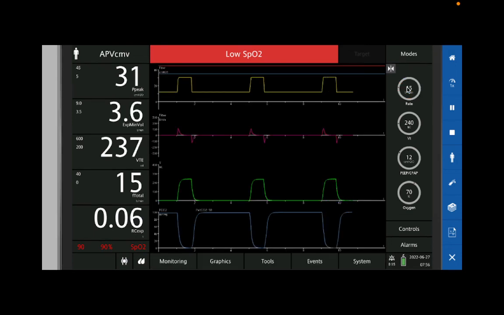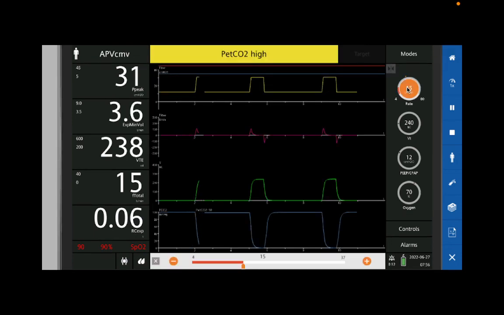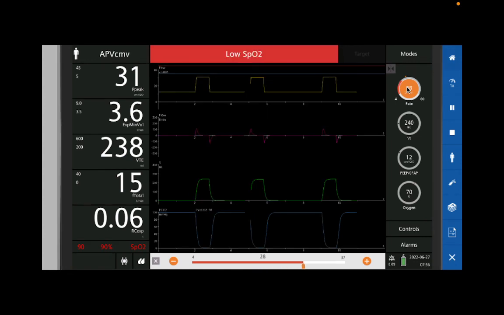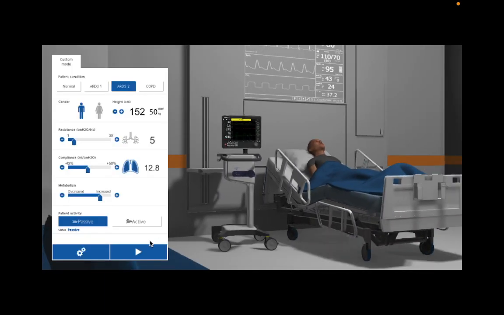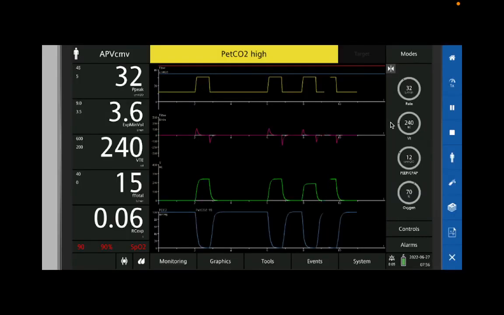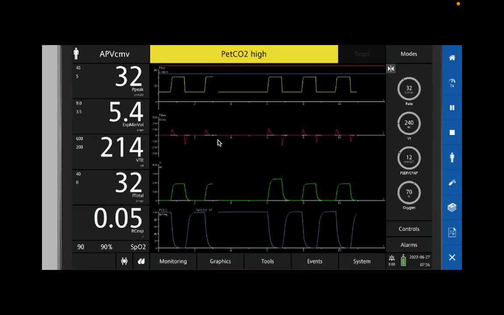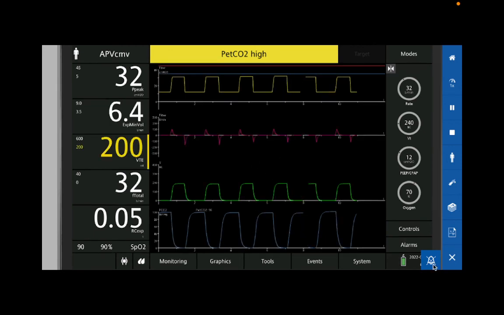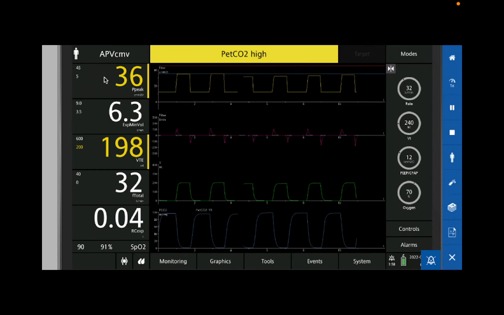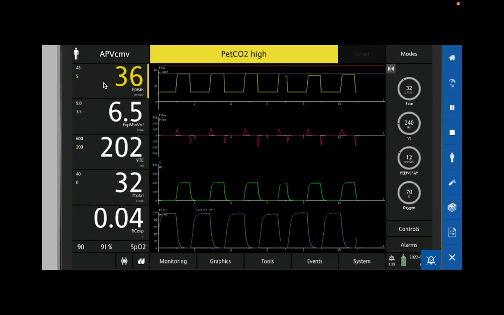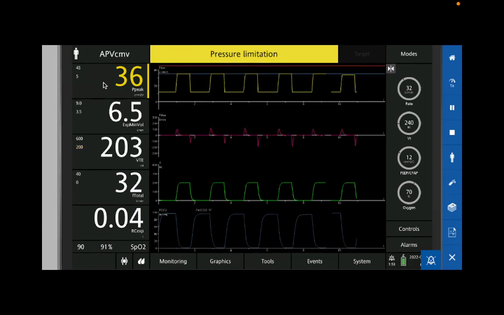As we increase our rate, the amount of time we have to breathe in stays the same, but the amount of time the patient has to exhale gets shorter, okay? And so if they can't exhale all the way, you're going to have an increase in pressure because you're giving air to a lung that's already full, okay?